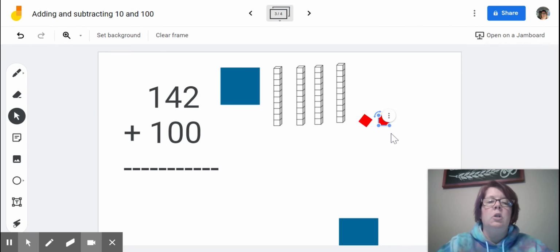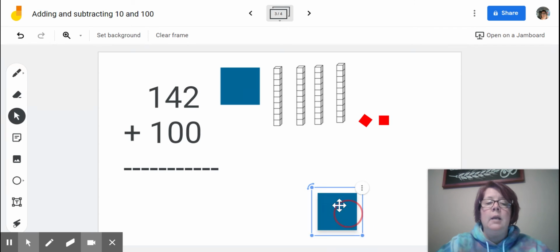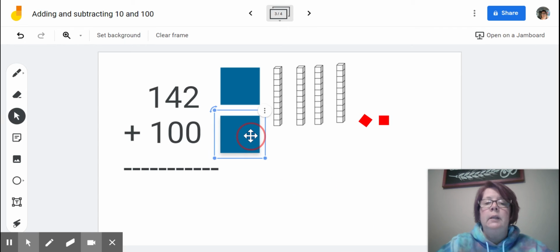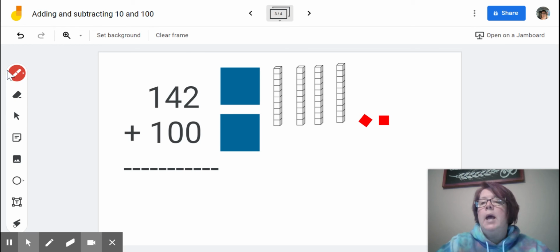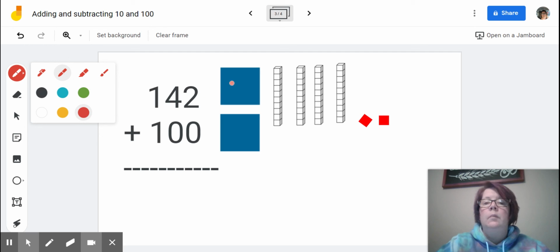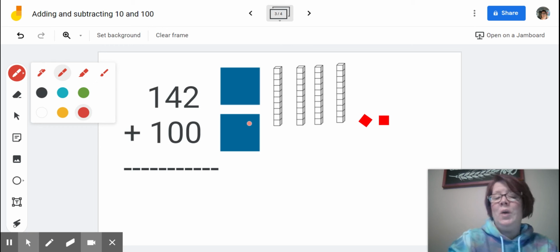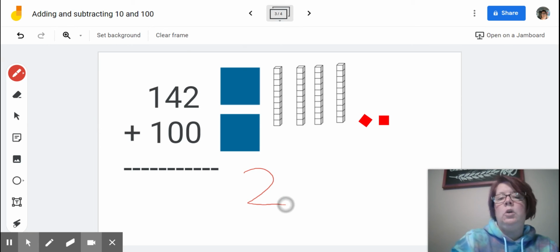1, 2. Now, if we're adding 100, we're going to add another 100 block. So how many 100 blocks do we have now? 1, 2. We have 200 blocks, so we're going to write a 2.